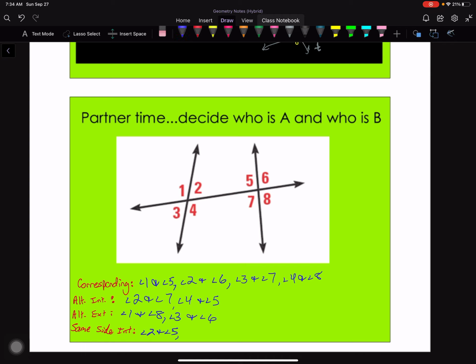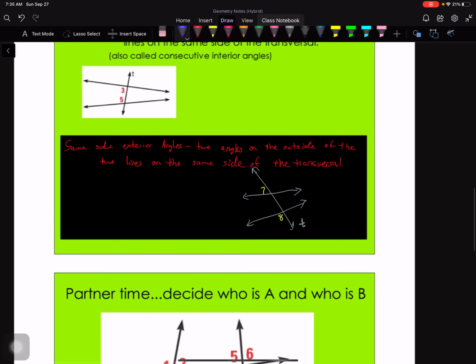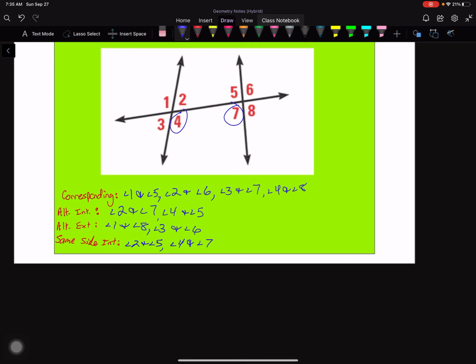And then that must mean that 4 and 7 are also same side interior. We could also do same side exterior, I guess. Let's throw that in here quick. So angles on the outside now, just on the same side of the transversal. So 1 and 6. And 3 and 8.